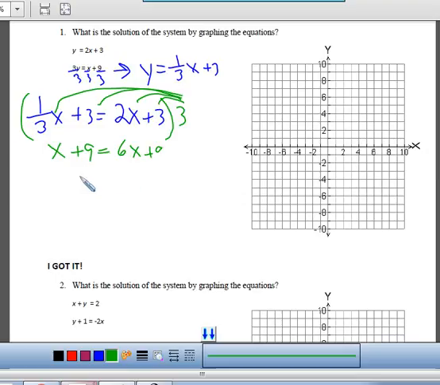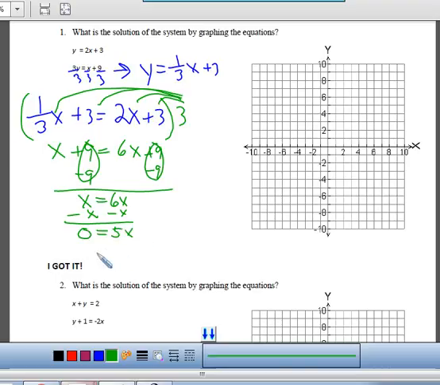So I subtract 9 from both sides, and you're going to see in a moment it really didn't matter if I did that. And I get x equals 6x. Subtract x from both sides. 0 equals 5x. That means x equals 0. So I found my x value.